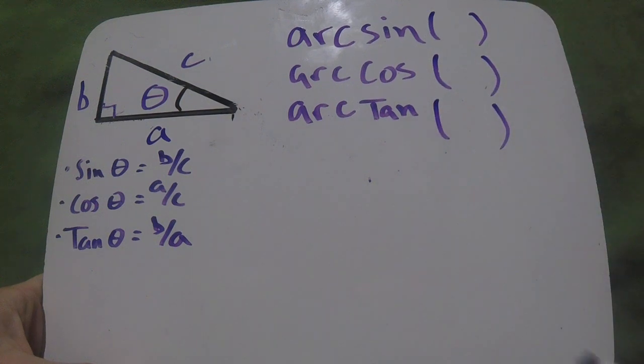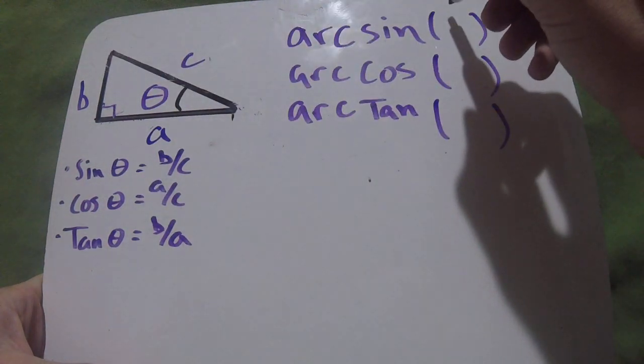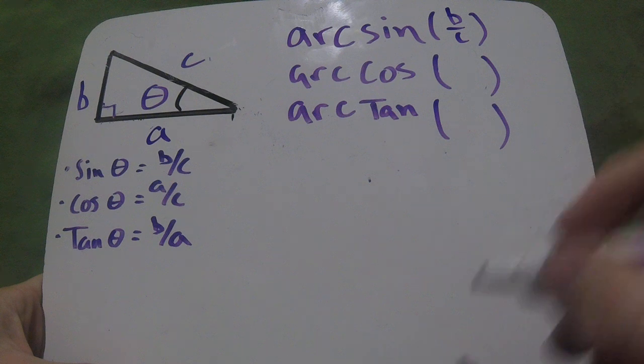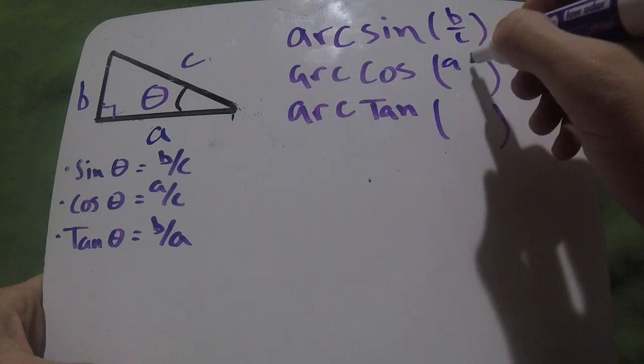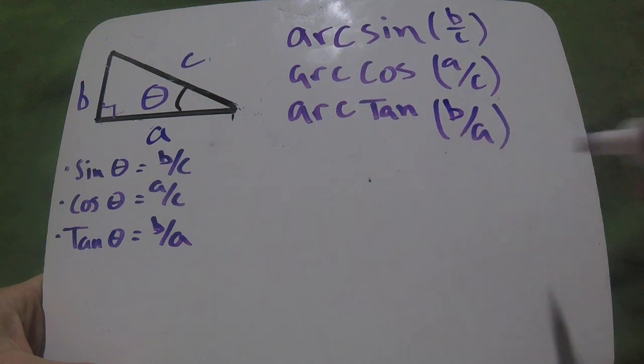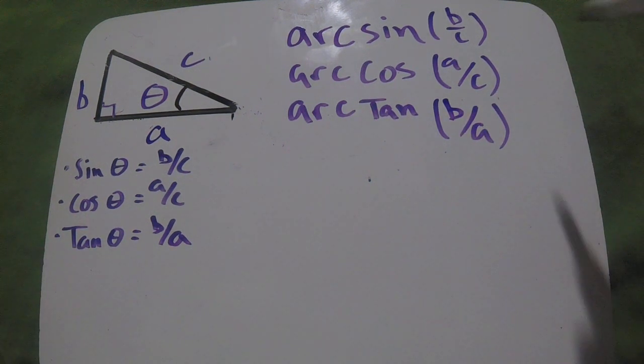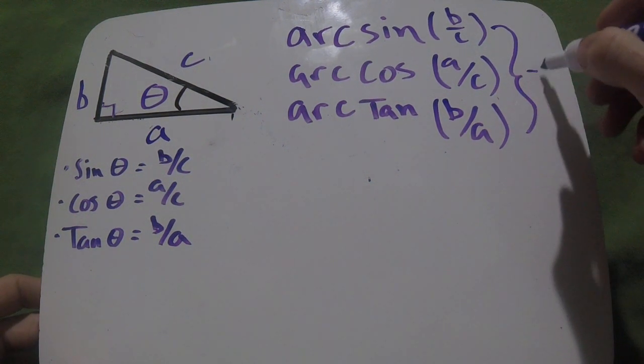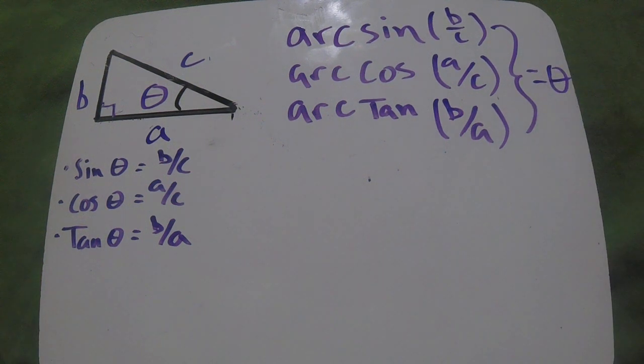So for arc sine, we already said that it would be B over C. For arc cosine, it would be A over C. And for arc tangent, of course, it's going to be B over A. And each one of these should yield the same angle theta if done properly.